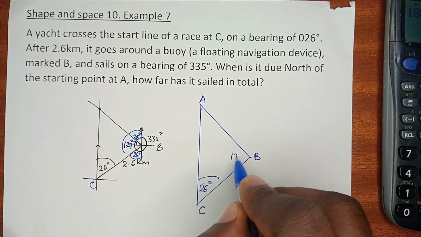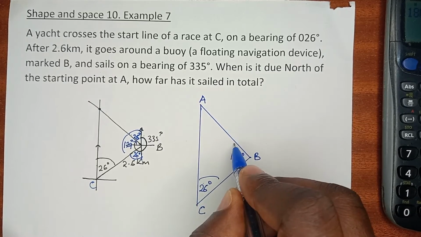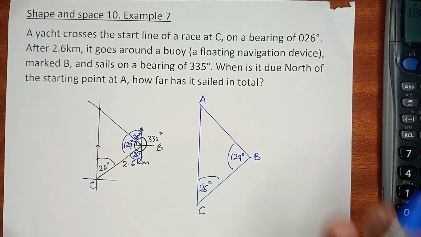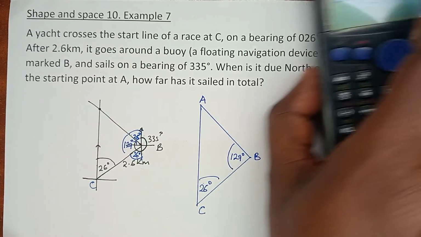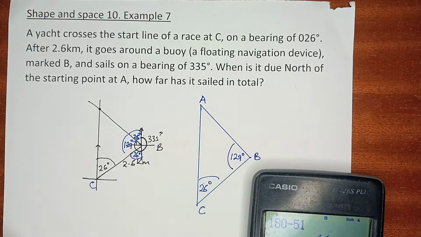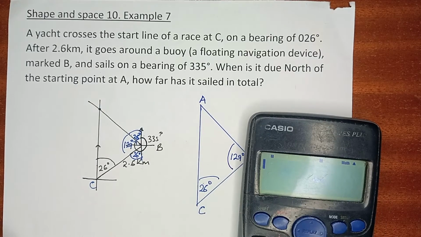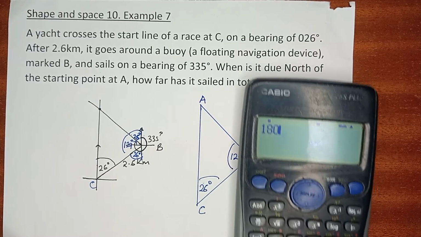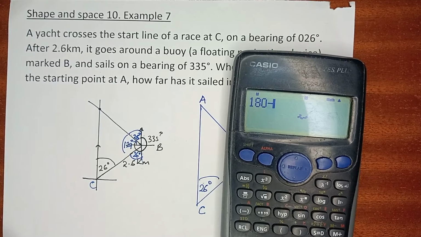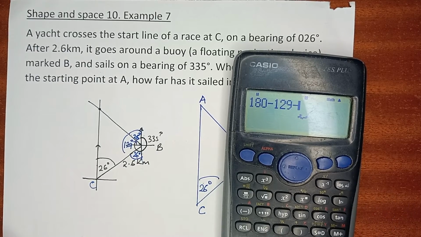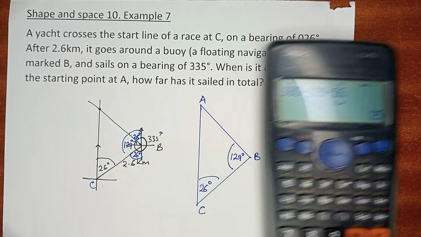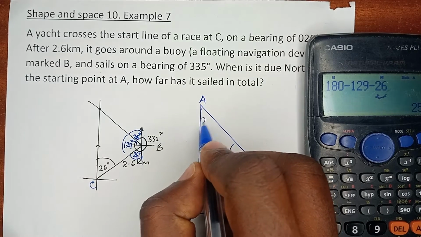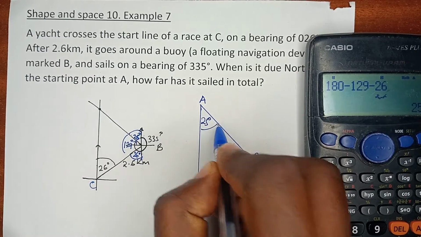This is 129 degrees, the whole of that. And it goes without saying that angle A is 180 minus 129 minus 26, since the angle sum of a triangle is 180. We have that angle as 25 degrees.